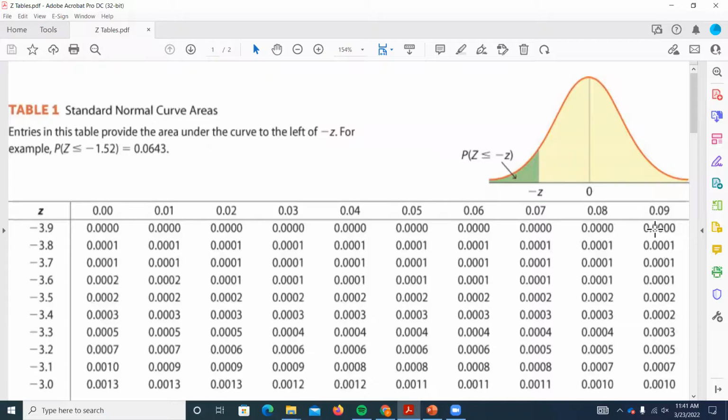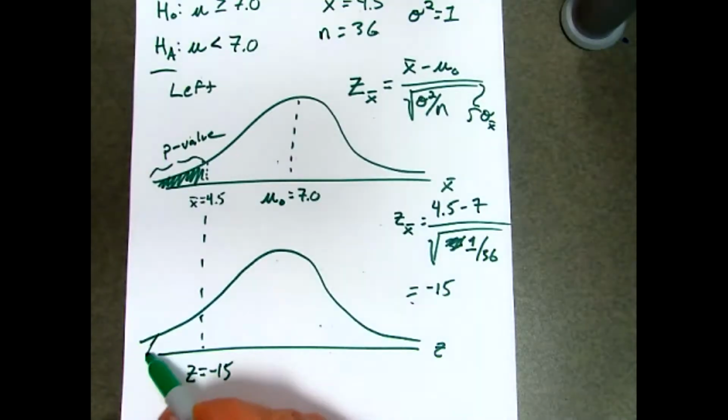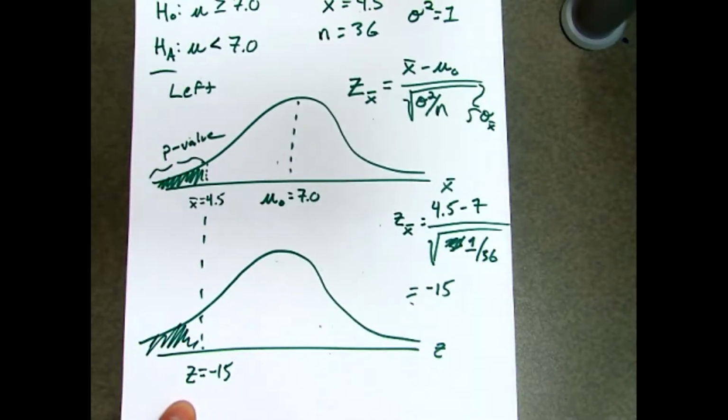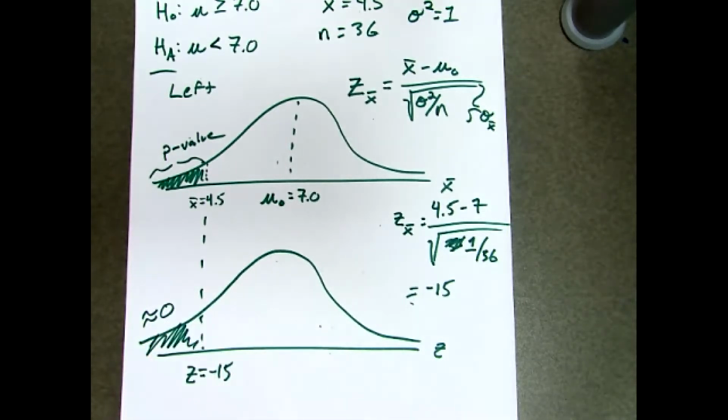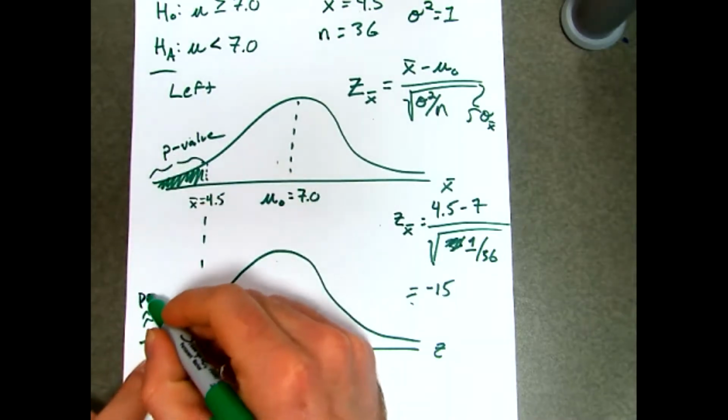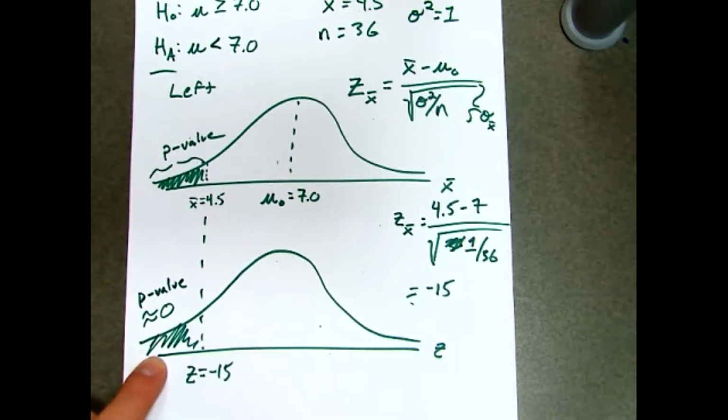The probability I see something about 4 standard deviations away is already basically 0. So what's the probability that I see something 15 standard deviations away or even further? That's going to be even closer to 0, approximately 0. So I end up with a p-value that's basically 0.